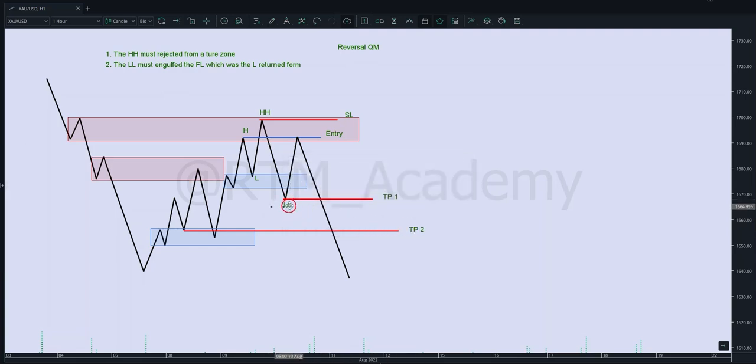So the first condition is that the higher high should react from the true zone, and the lower low should engulf the area which the low reacted to.